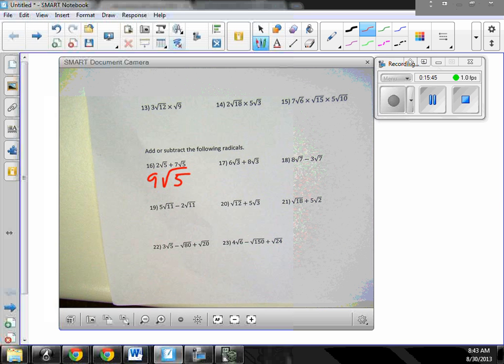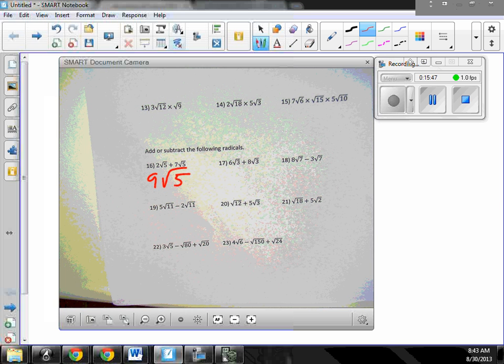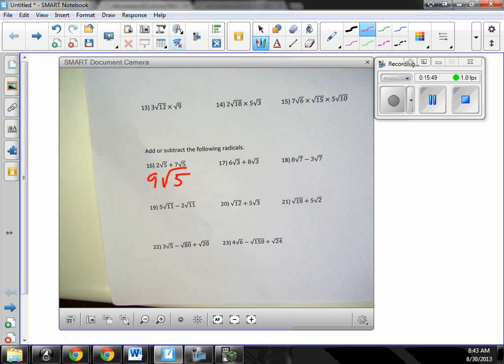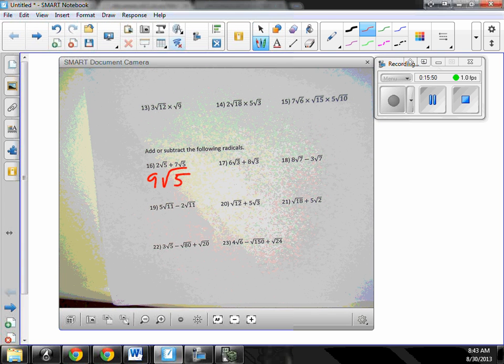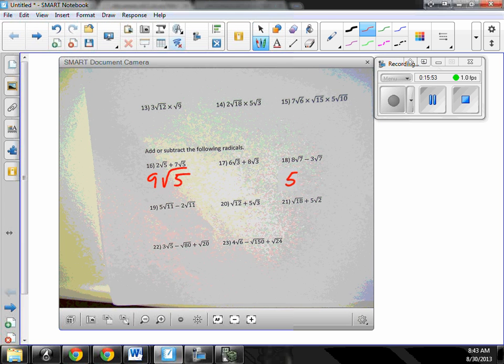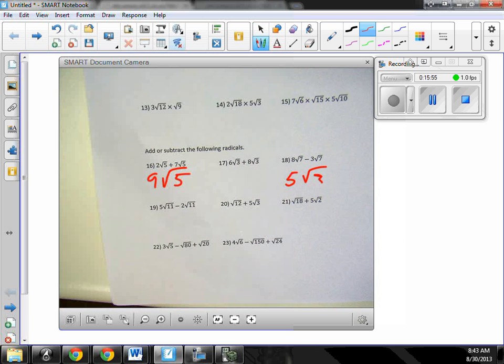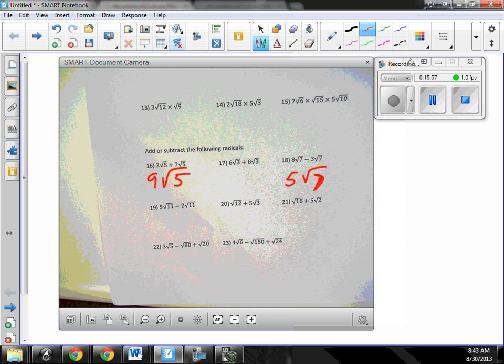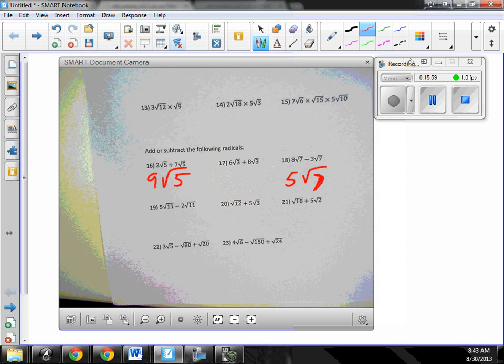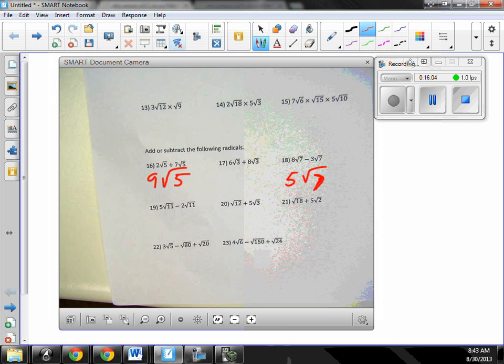Okay, let's do 18. 8 root 7 minus 3 root 7. 5 root 7. Okay, look at number 21. Can I combine the values in 21?